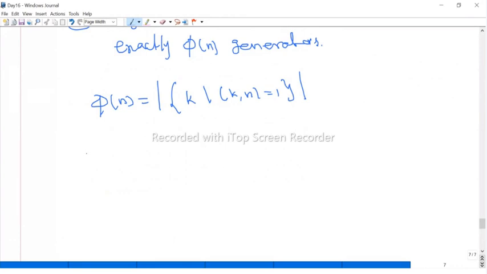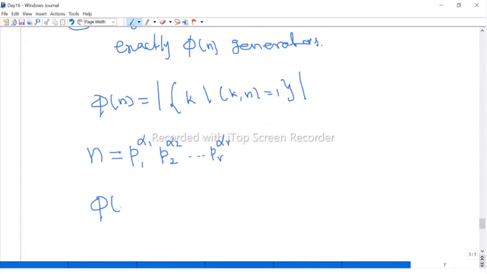So we know that by the fundamental theorem of arithmetic, any number n can be written as a product of prime powers: p1 power alpha 1, p2 power alpha 2, etc., pr power alpha r. So any natural number can be expressed as a product of prime powers. These alpha i's are non-negative numbers, but p1, p2, pr are prime numbers.